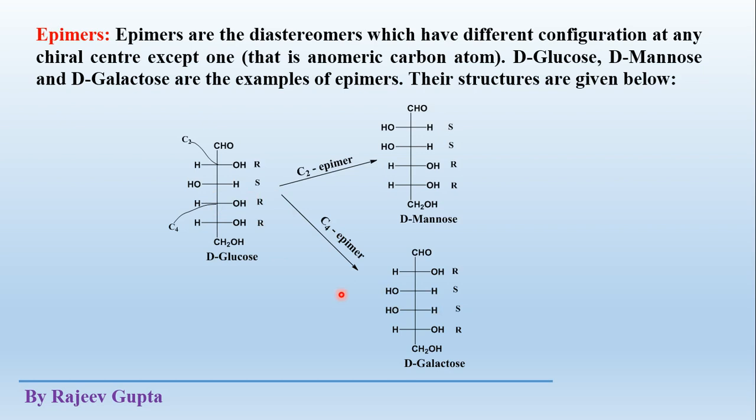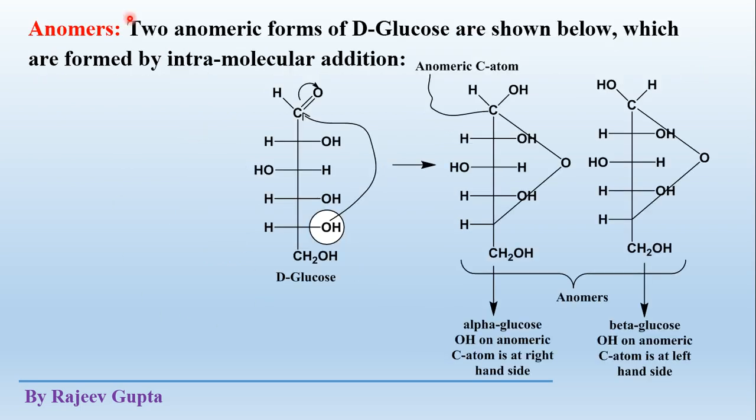So these are not mirror images. These are diastereomers, specifically called epimers. Now come to anomers.